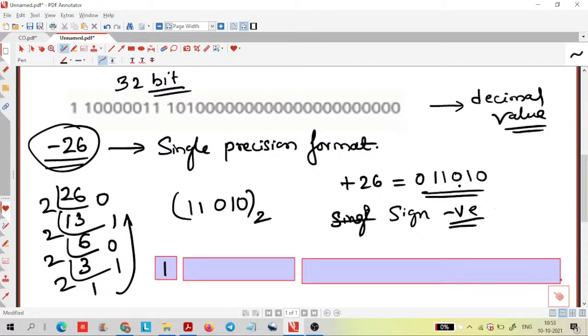Now you have to convert this into normalized form: 1.1010 times 2 raised to 4.